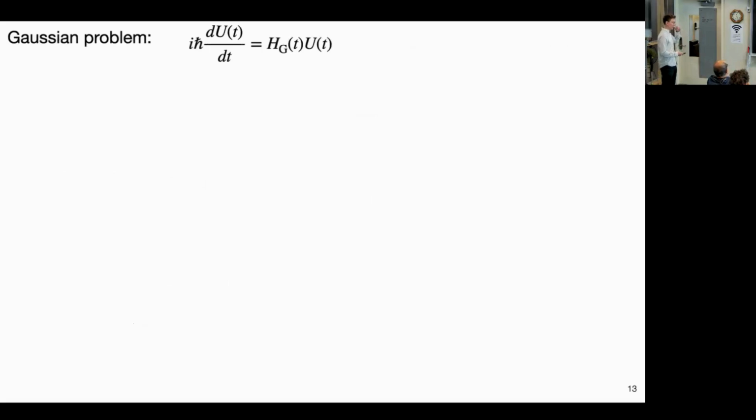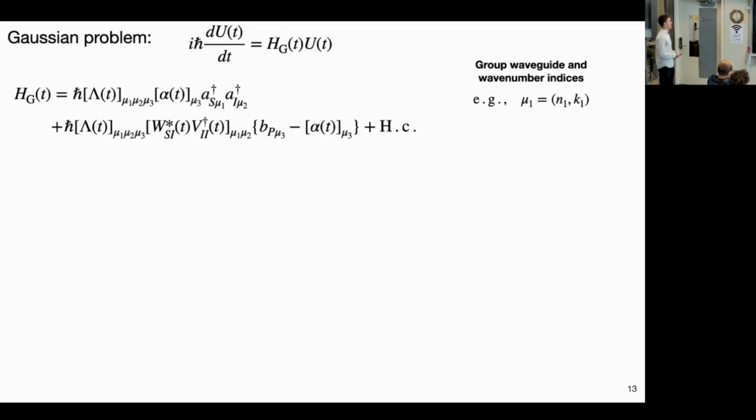A nice thing about this approach, factoring out the Gaussian, is that we can solve the Gaussian problem independently first, and then use those solutions to look at the non-Gaussian problem later. So looking at the Gaussian problem first, here's the Schrodinger equation that the Gaussian unitary has to satisfy. And we get a new Hamiltonian Hg, which is a Gaussian Hamiltonian.